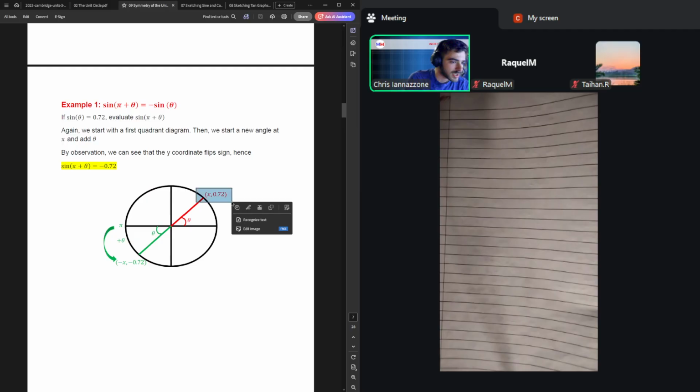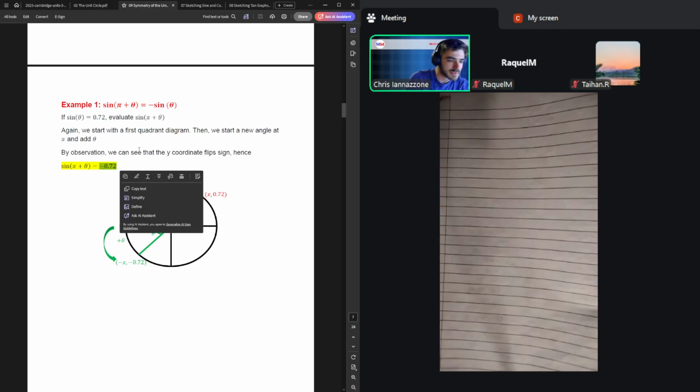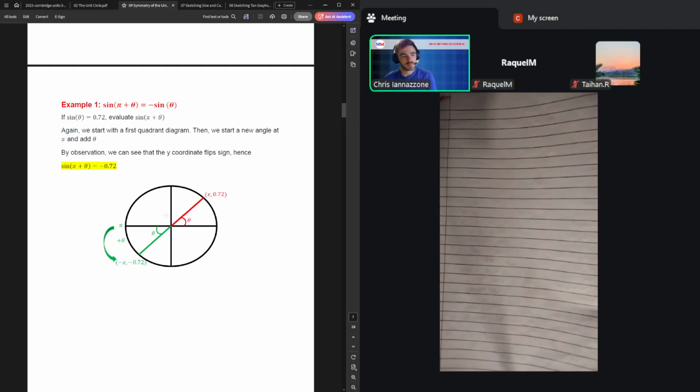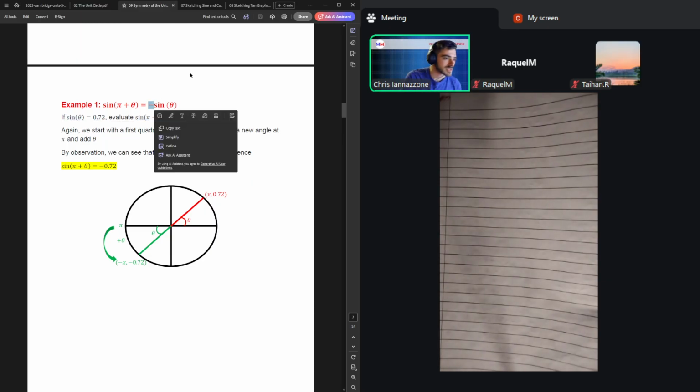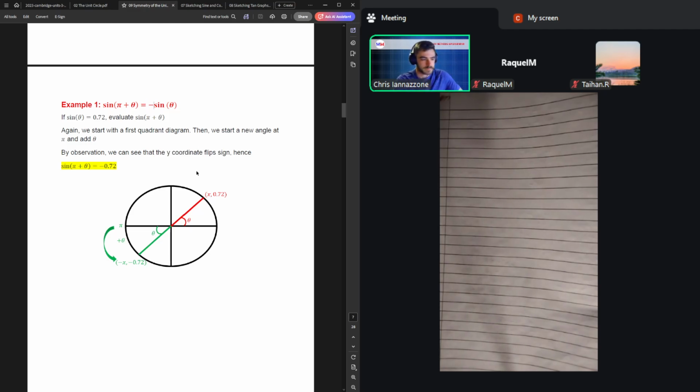Whether it was sine or cos, whenever you do pi plus theta, whatever value you have is now going to be the negative of that value. Started with this coordinate, ended with that coordinate, and we just write out the one that we were supposed to understand. If sine theta is that, then whenever you have pi plus theta, you always end up with the negative of that thing. Fair enough conceptually?